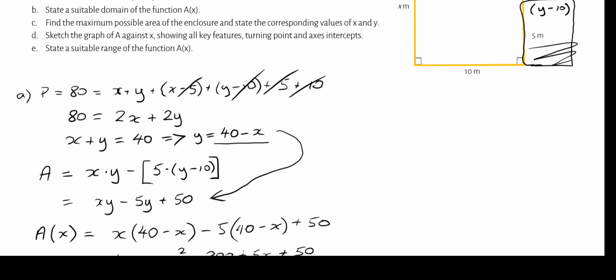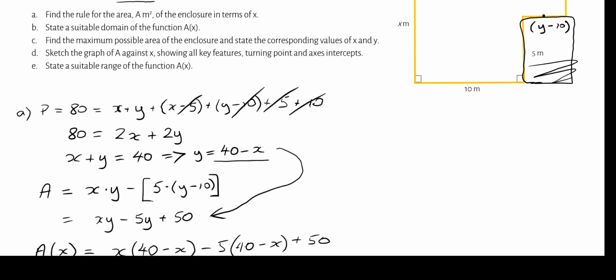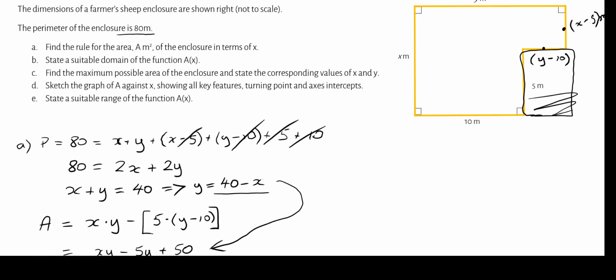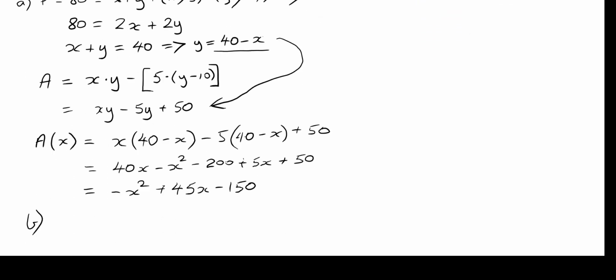Now, a suitable domain for the function A of x, part B. So this is a physical problem. We have physical gates being built here, or physical fences for the enclosure. This component here is saying x minus 5. If x was equal to 5, this would be 0, so I can't have that. So x must be greater than 5.